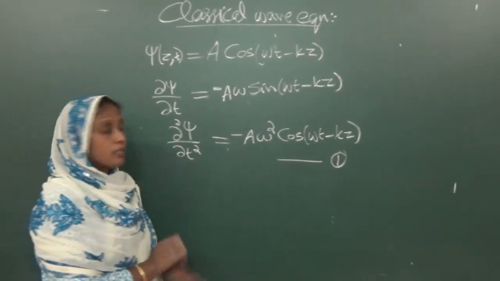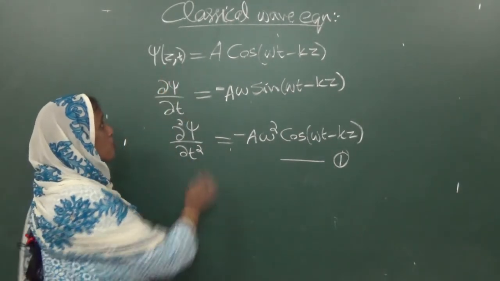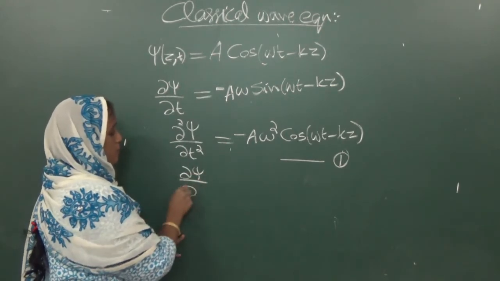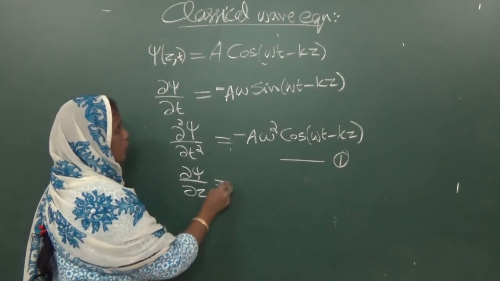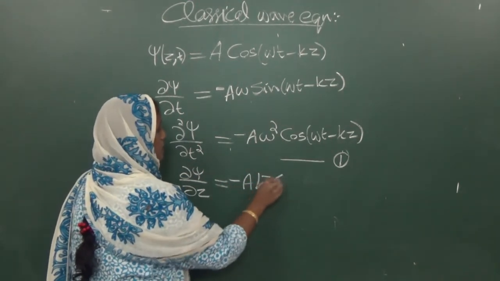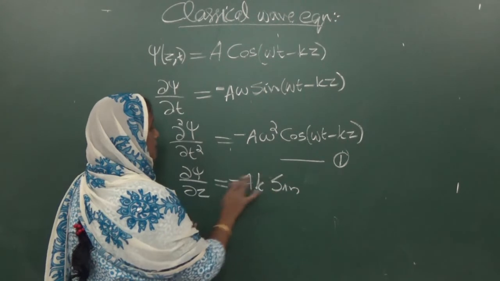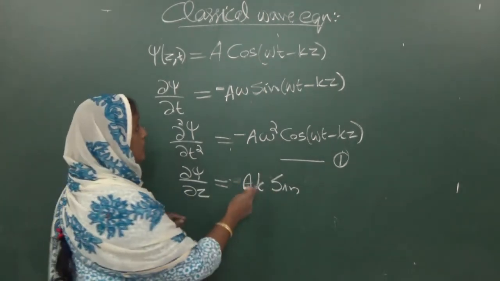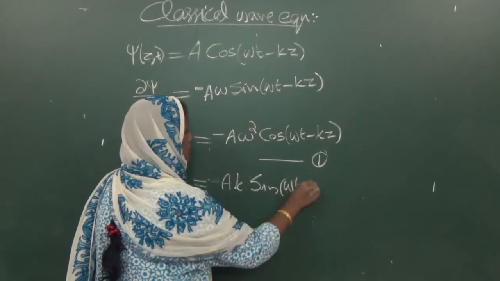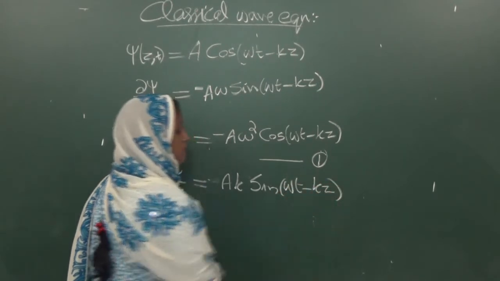Now we can take the derivative with respect to z. So dou psi by dou z equal to minus ak into minus sin; minus and minus cancel each other. So we get ak sin omega t minus kz.